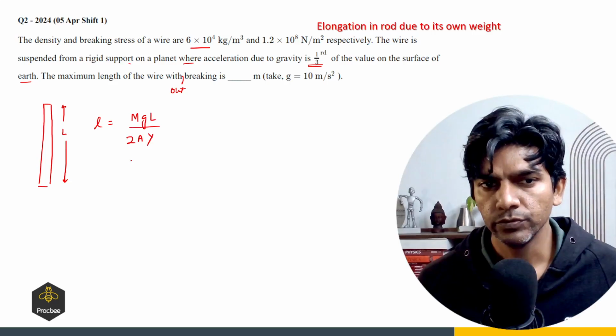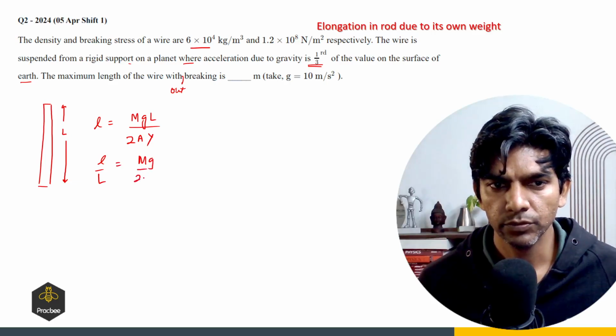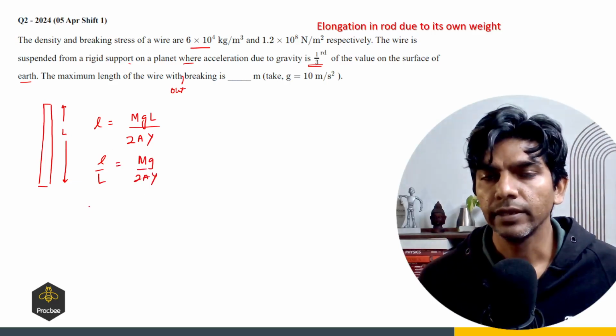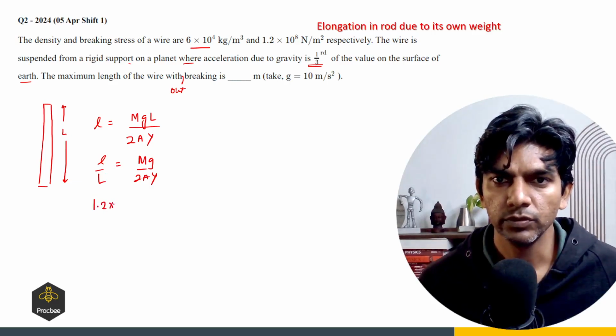So this is what we have to use. Here the strain l by capital L will be mg upon 2AY, and the strain can be written as stress upon Young's modulus, and stress is given as 1.2 into 10 raised to 8, upon Young's modulus.